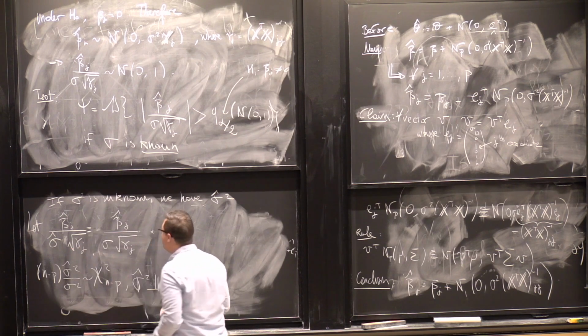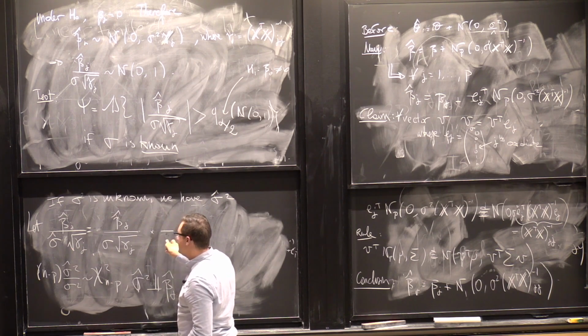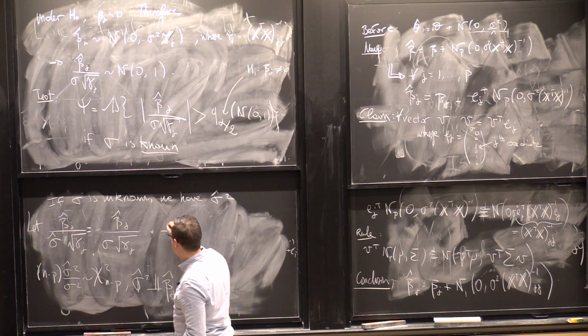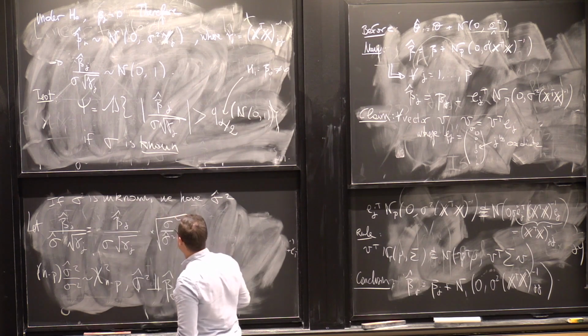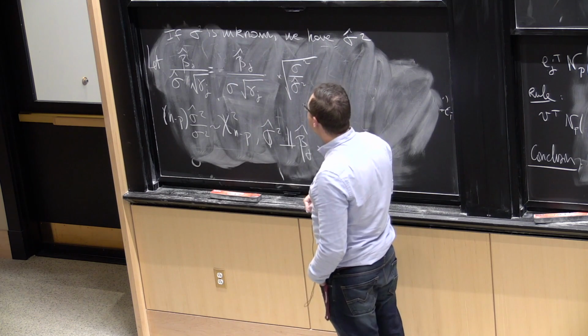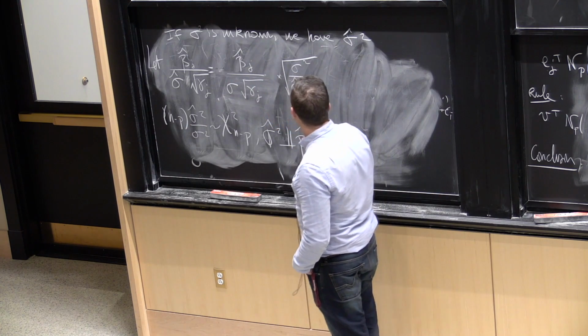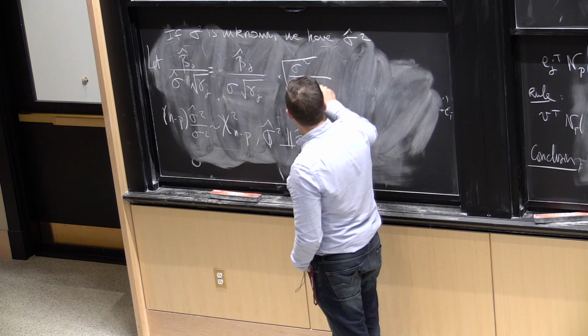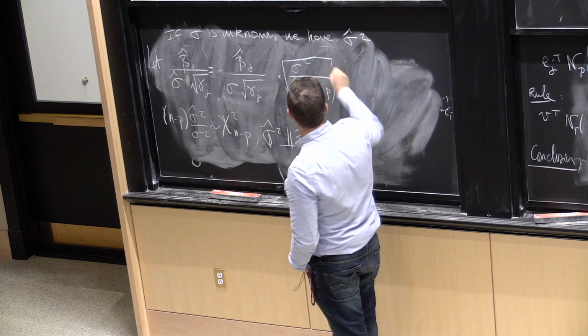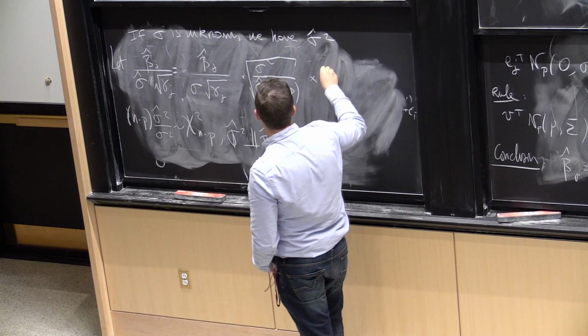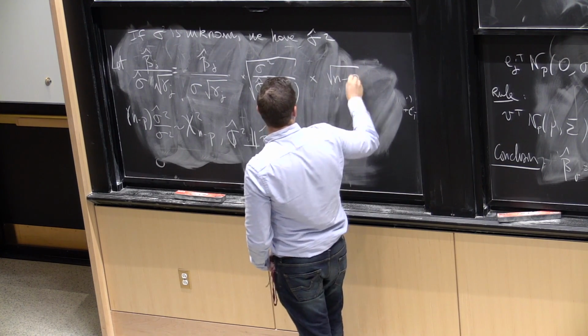And to be able to get this guy, what I need is sigma over sigma hat square root. And then I need to make this thing show up, right? So I need to have this n minus p show up on the denominator. So to be able to get it, I need to multiply the entire thing by square root of n minus p.